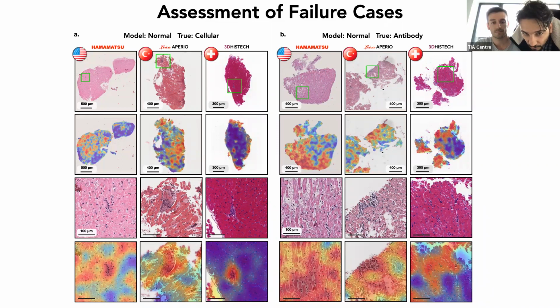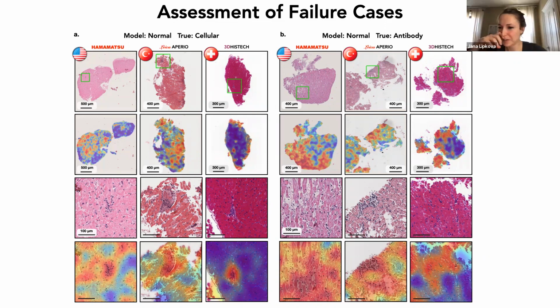Correct me if I'm wrong, but it seems that in the third row the features are similar to those that have the antibody in them, right? So it seems that actually the model is predicting the right thing to me, or maybe it's the image quality.